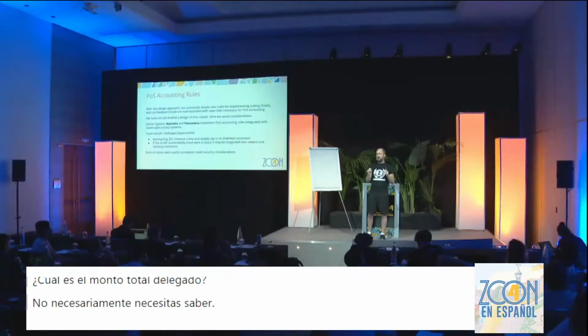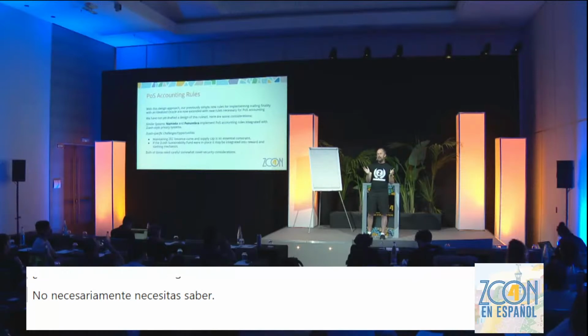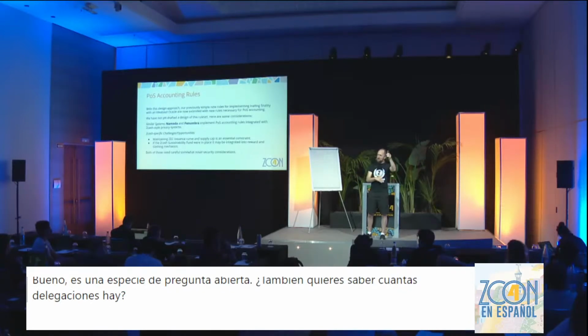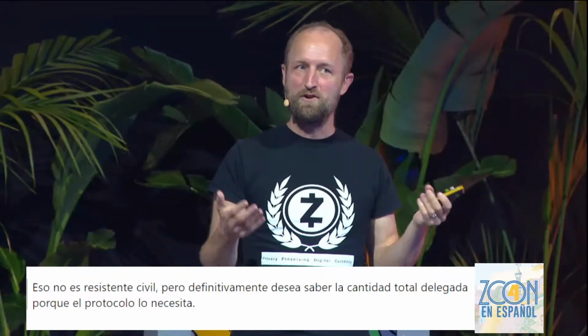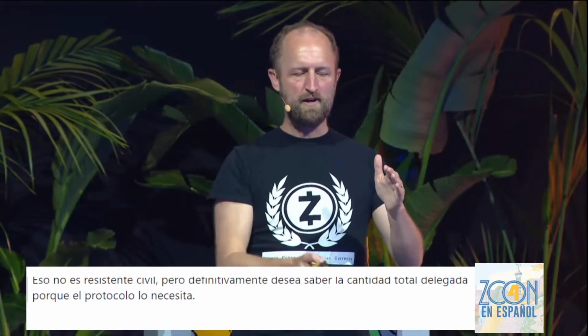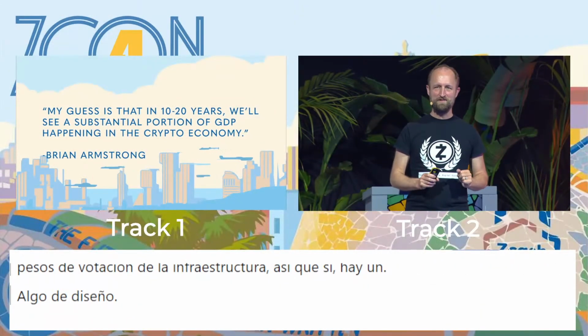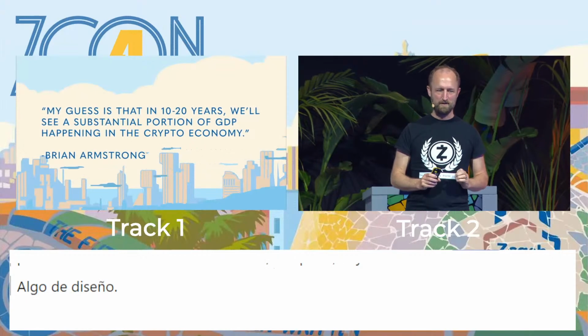Or if there's delegation, you want to know the total amount delegated. You don't necessarily need to know, well, it's kind of an open question, do you also want to know how many delegations there are? That's not Sybil resistant, but you definitely want to know the total amount delegated because the protocol needs that for the voting weights. And it seems like we should all know the voting weights of the infrastructure. So yeah, there's some design questions there about privacy, transparency and accountability.